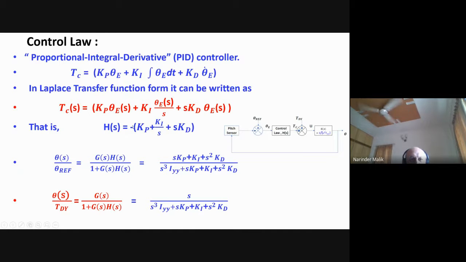When theta reference is taken as 0, because the error is theta reference minus theta, a minus comes from that. Sorry, it should be a positive sign. So you can write in transfer function form theta s divided by theta reference in this fashion, and as a function of disturbance torque, this will get simplified in this manner.